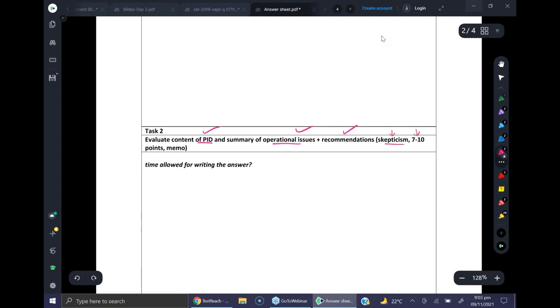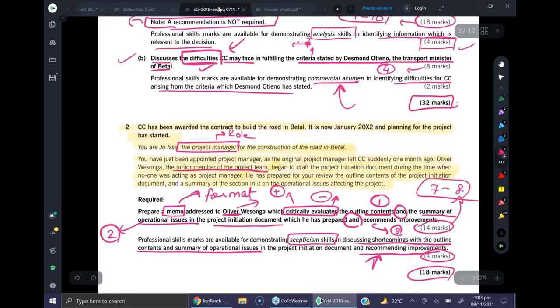I wrote 7 to 10 points because there's a lot you can talk about in this particular document, and the memorandum is the relevant format. Now, there's one more thing you need to understand: you don't know what the PID is like. You'll have to wait to read from the exhibits where this project initiation document is actually given. So we'll have to wait to find it out. Or we can make a mind map or a summary quickly.